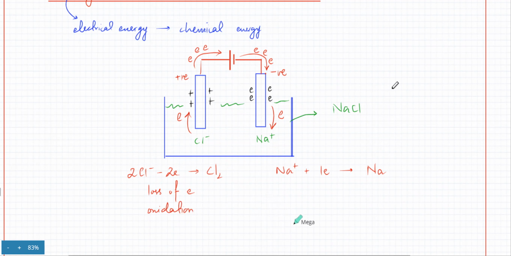And at the cathode, there's going to be a gain of electrons, and reduction is going to take place at the cathode. So this is your cathode. This is your anode. There's nothing different. This is all O levels electrolysis. This side is your anode side.